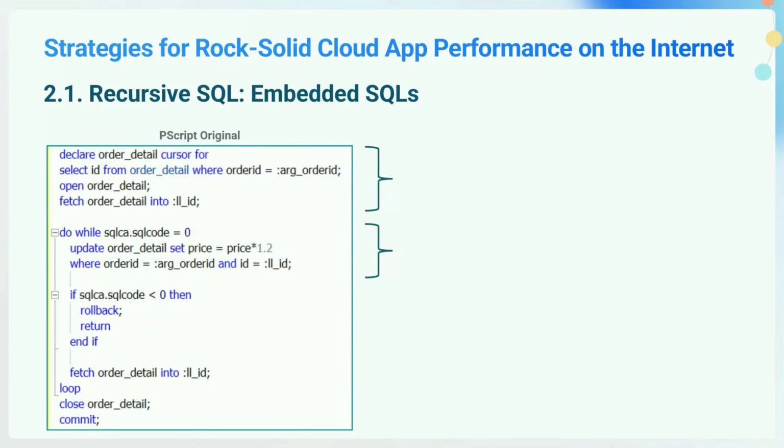Each call goes directly to the database. This means that if the loop has 1,000 records, the process will make 1,000 trips to the database. Third, the script either cancels the transaction in case of an error or commits once the loop is completed. This implementation is not optimal in an internet environment.